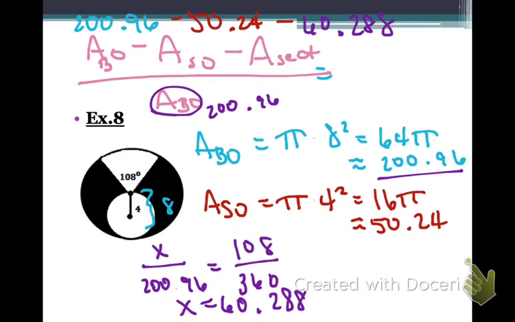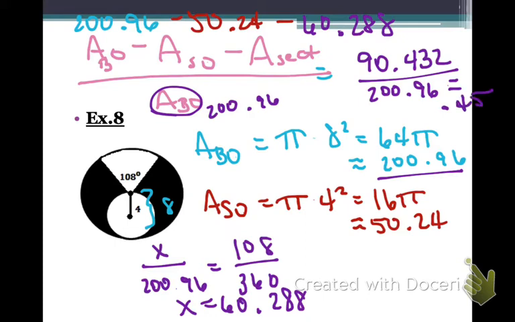So subtract, and you should get 90.432 over 200.96. Change to a decimal, which is about 0.45. So it's 45%.